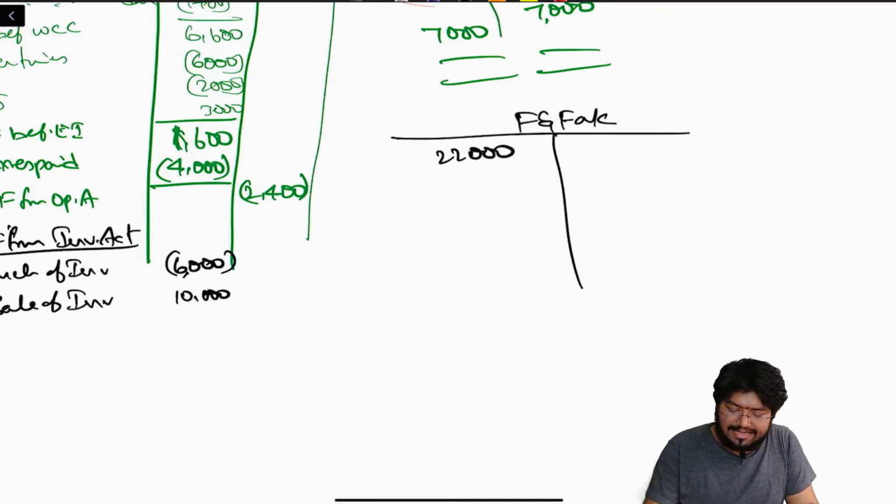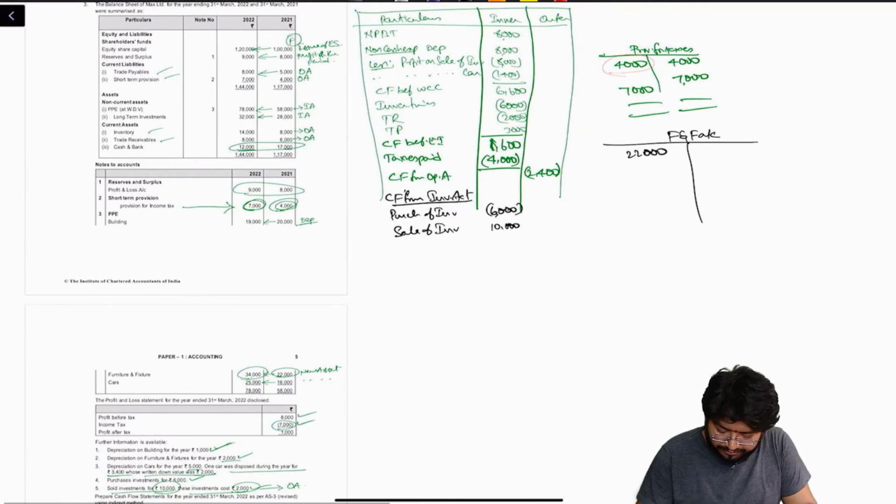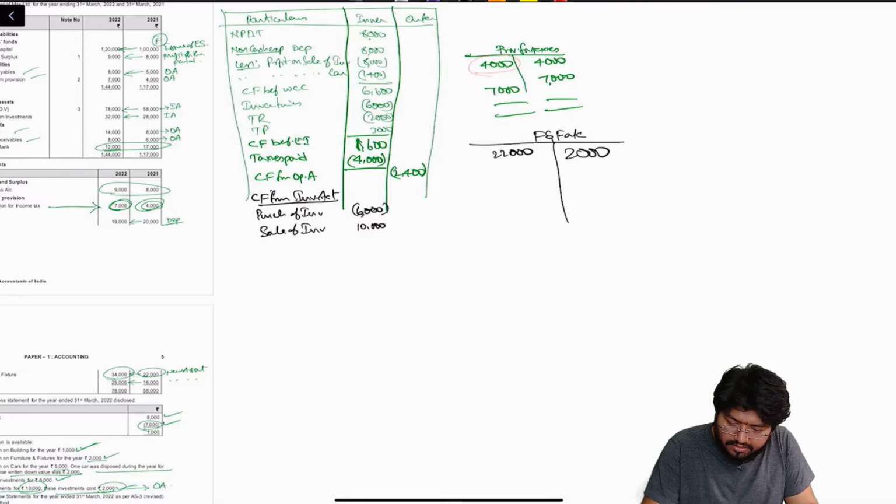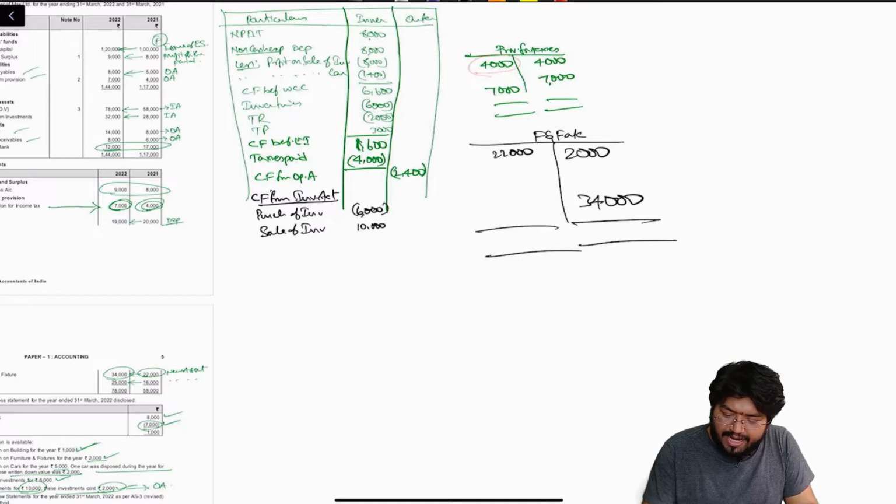And he says current year depreciation on furniture is how much? 2,000 rupees. Okay. And closing balance, he says it is 34,000 rupees, which means in the current year you made purchases to the tune of how much? 14,000.